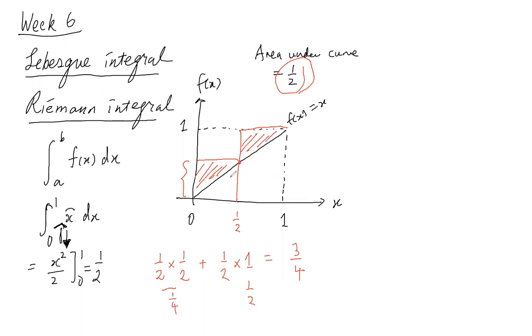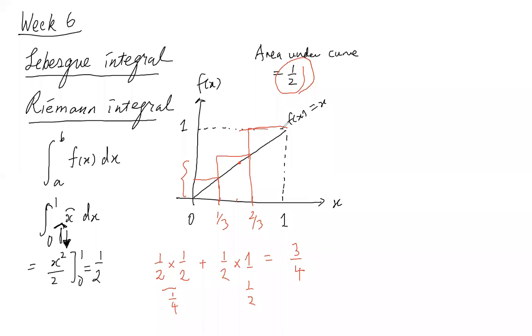It doesn't matter. So the next step is we progressively find better approximations, right? So we can find another approximation. Maybe you can cut it into 3 parts, 1/3, 2/3, right? So there's 1 part here, 1 part here, and 1 part here.